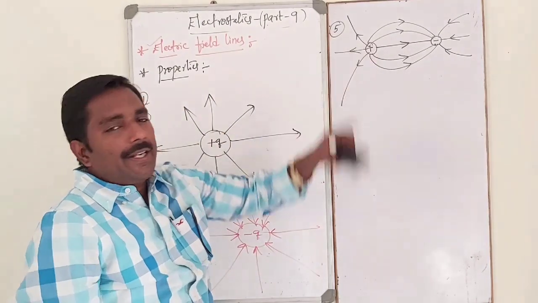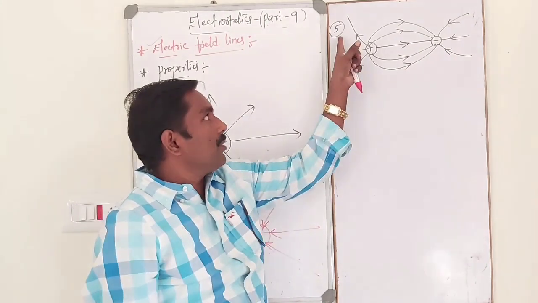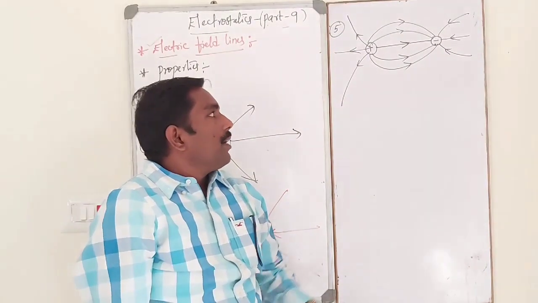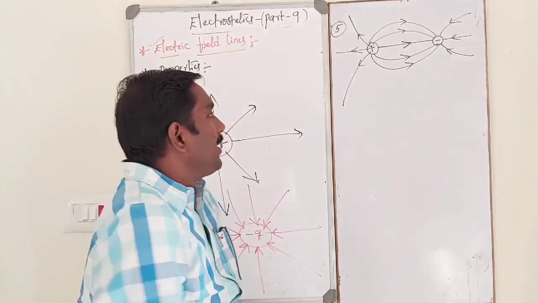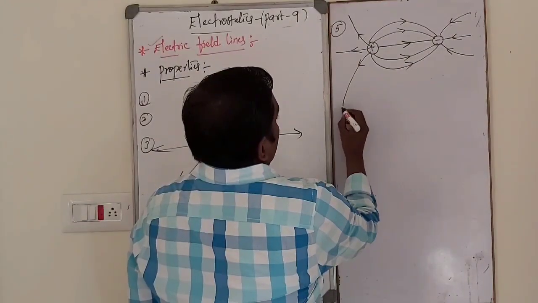Fifth property: electric field lines originate at positive and terminate at negative.